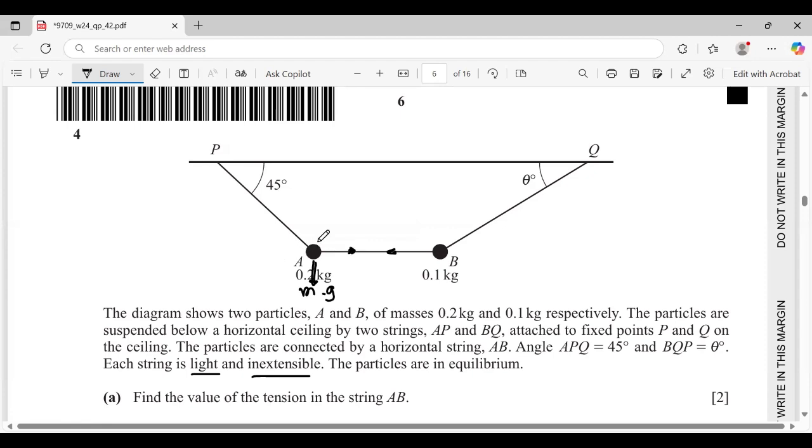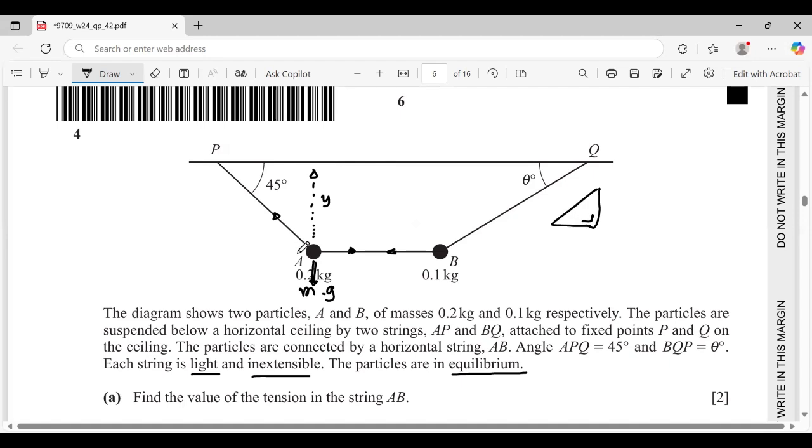After that, based on the information that they are in equilibrium, there is also a force acting on particle A. For example, if this is the tension AP, we're going to find y using a right angle triangle.